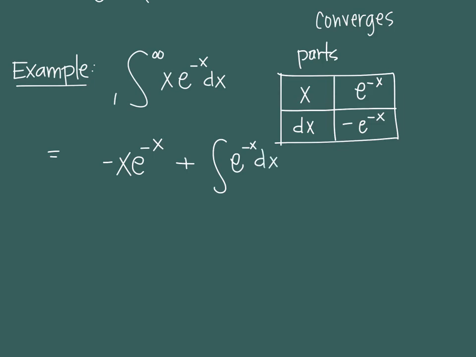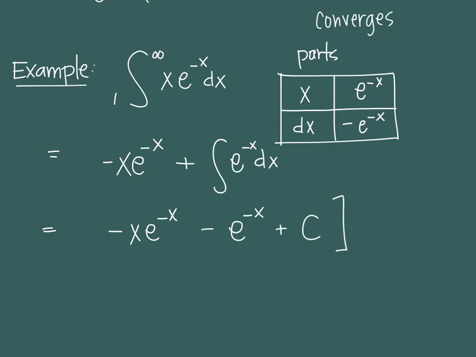All of that is to the limit as b goes to infinity. Around all of that, yes. After we evaluate our last integral, then we'll have our plus c. So we've got negative x e to the negative x, and then our next antiderivative is minus e to the negative x, and then plus c.